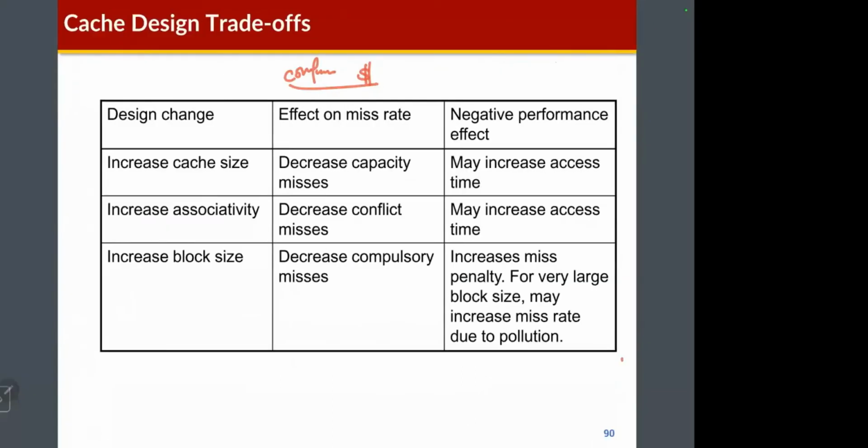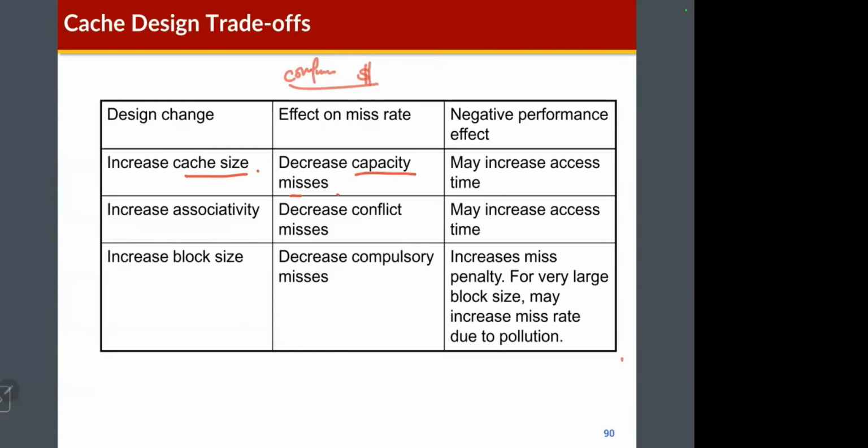Let us assume that the cache size is increased, which means that we can apply a larger cache, then we can reduce the capacity misses. We cannot avoid cold misses, even though we use a very large cache, because firstly the data does not exist in the cache.